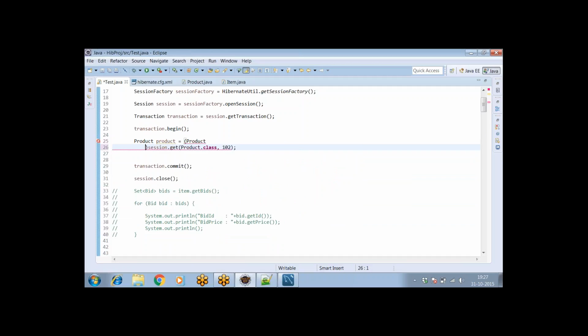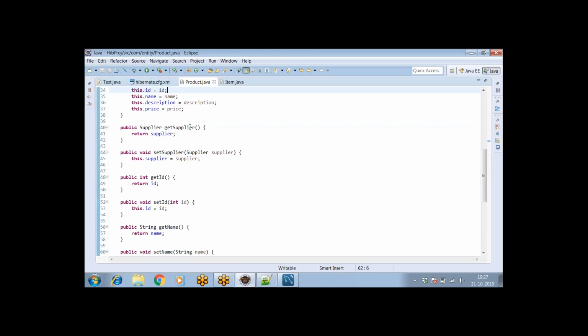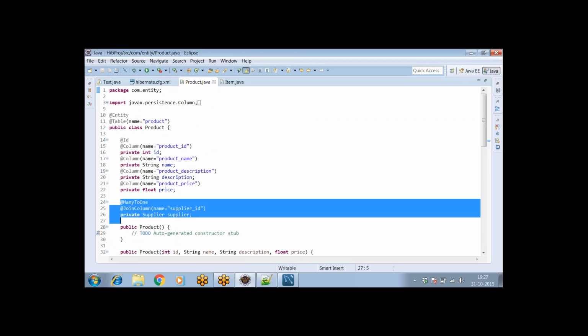You know the association between the product and the supplier is many to one. Just check this. In the product class, we got a reference to the supplier.